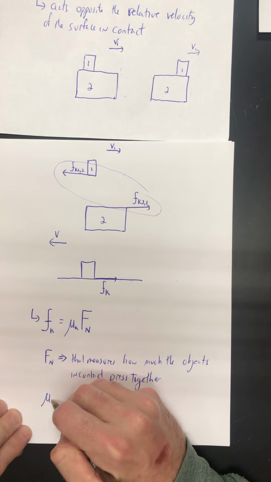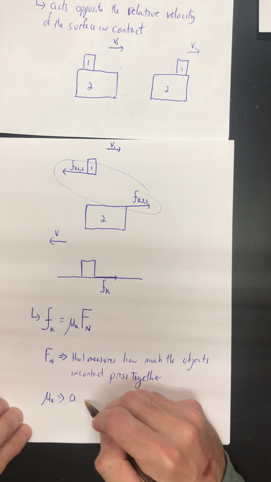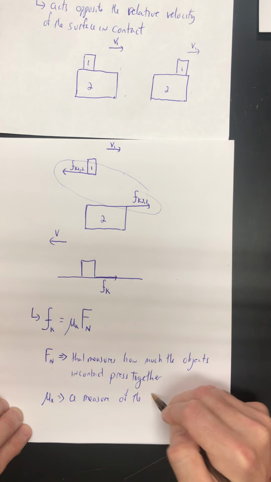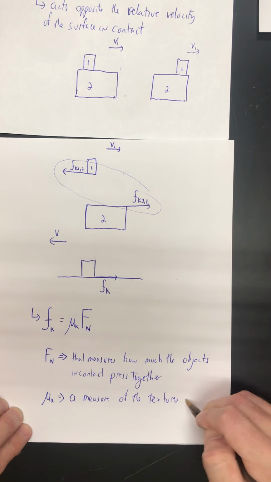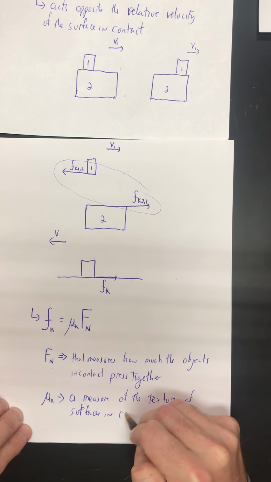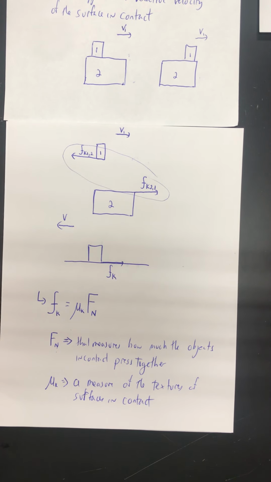And the mu sub k is the coefficient of kinetic friction, and this is a measure of the textures of the surfaces in contact, right? So it is a pure number, and there are tables of them. So either you have to be given this, or it is the thing to find, right?